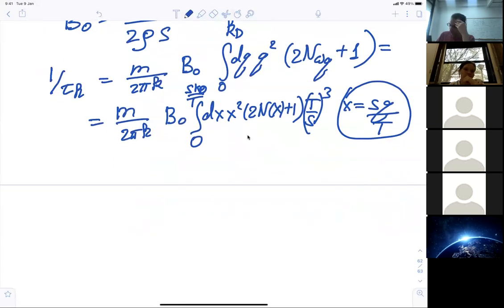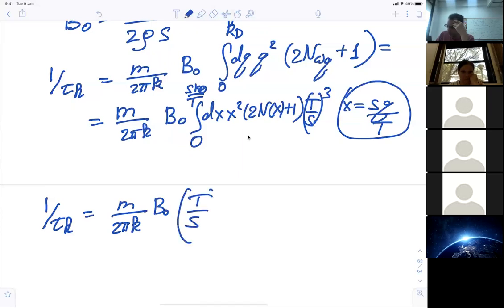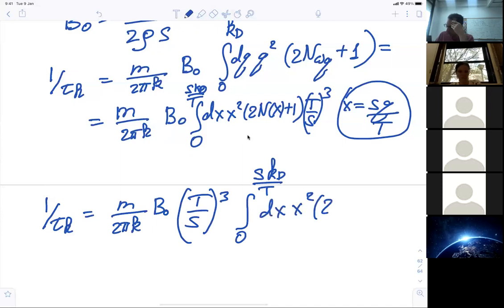Okay, so I got 1 over tau k is equal to m over 2 pi k b0 times T over s cubed, integral from 0 to s k dB divided by temperature dx times x squared times 2n of x plus 1.